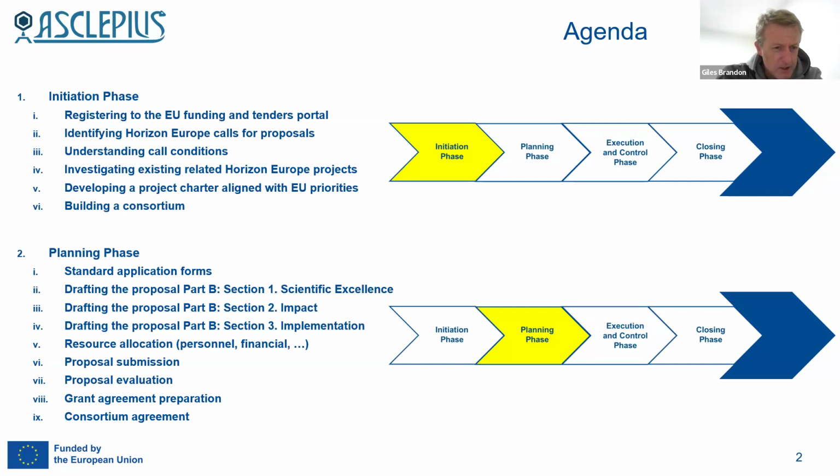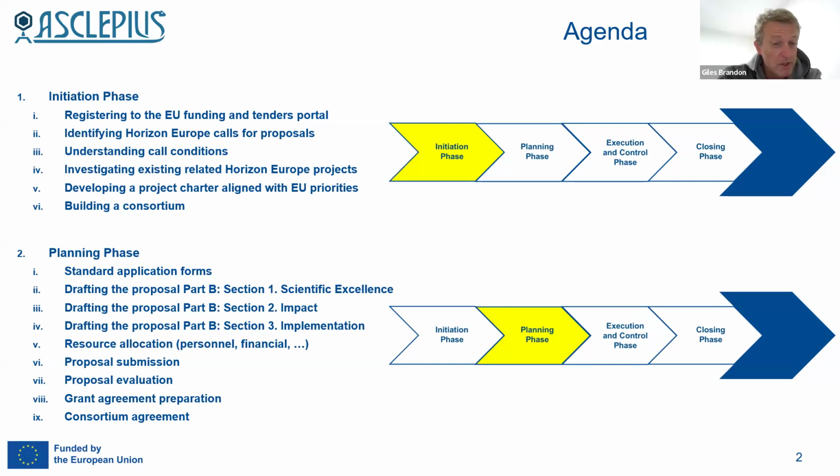In the planning phase, which in essence is really about writing these Horizon Europe proposals, I'm going to start off by talking about the standard application forms. Then, because when you apply and write a proposal, the main technical part is called the Part B, I'm going to talk about the Part B and the different sections that exist.